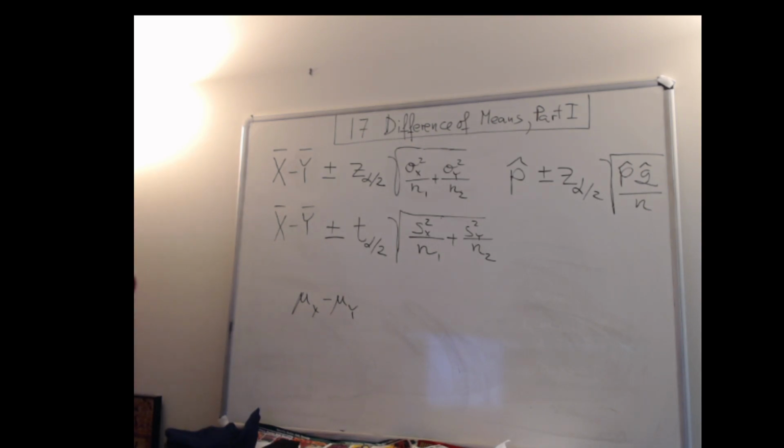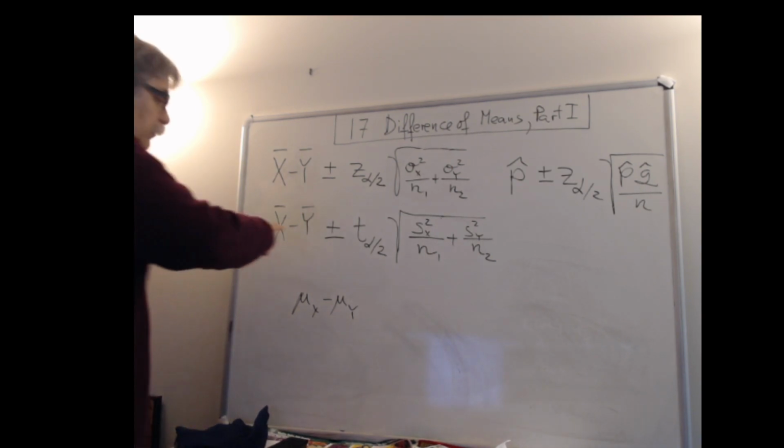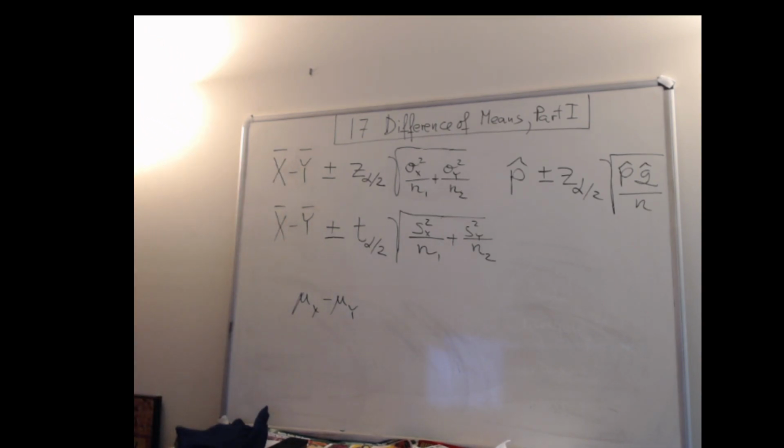Now you could ask a question, when do I use one, when do I use another? The rule is very simple. You would use the t-estimate just like in the past when you have a situation that both of the variables x and y are normal, you need to have that, and one of the population standard deviations or population variances would be unknown.